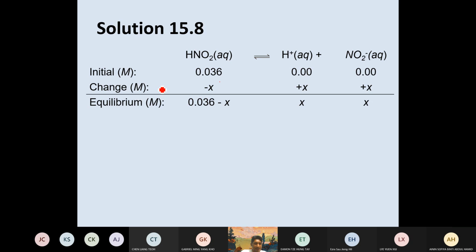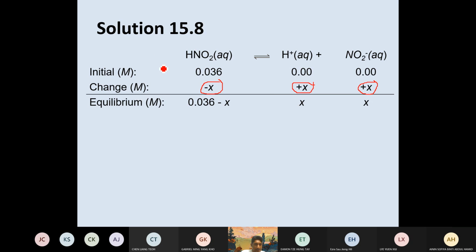In that blind guess, just consider that X amount has dissociated and X amount has been produced. Another interesting thing is that one X is dissociated and 1 plus X and another 2X is generated.